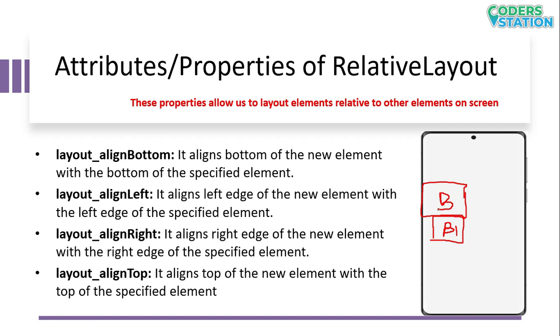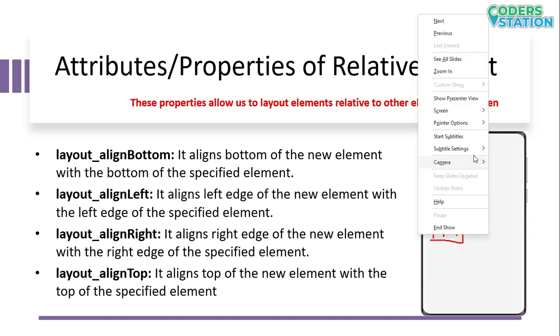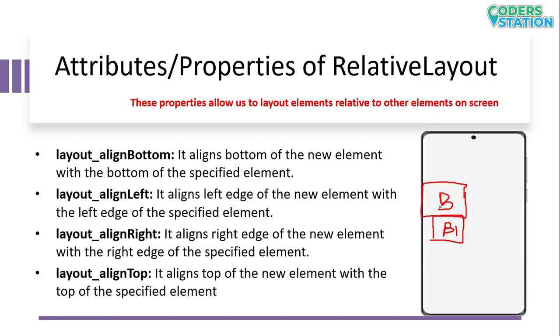Next is align top. When it comes to align top, the next button that we want to place will start from the top of button B1 if we are relating it with B1, and whatever may be the size of a button, it will be displayed accordingly.